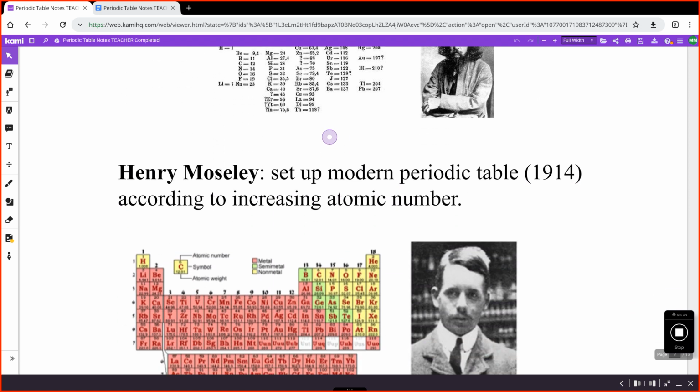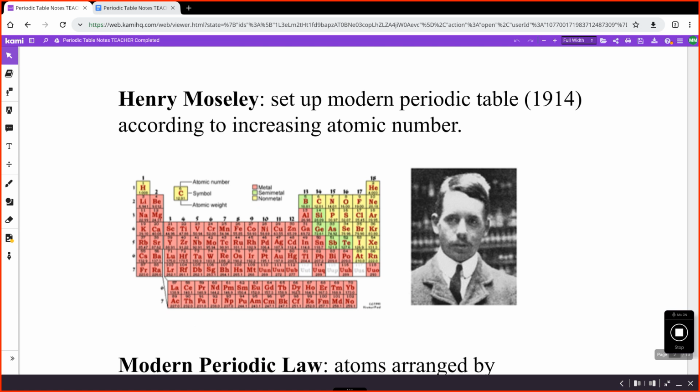Shortly after, though, Henry Moseley updated it to the modern periodic table that we know, and the biggest change of all had to do with the atomic number. And that's how this table is set up.